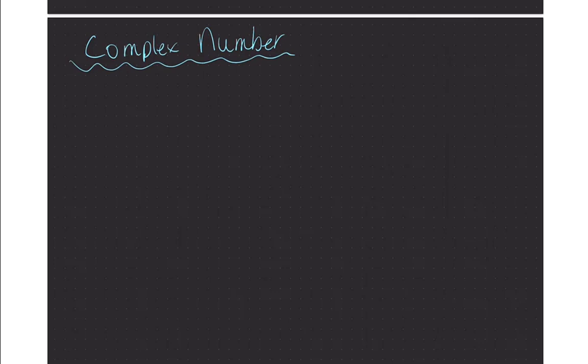So when we want to write a complex number, the formula would kind of be a plus bi. And this would be known as the standard form of a complex number.